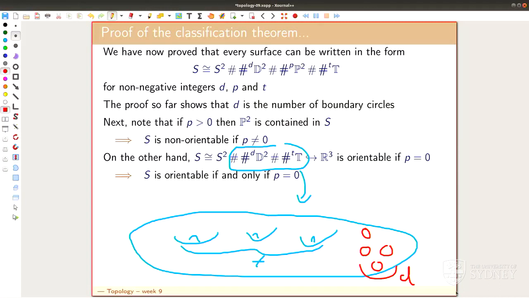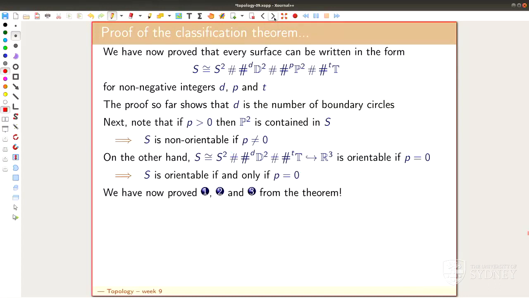Right? So if p is bigger than 0, there's a projective plane. So we find a Möbius strip. If it's exactly 0, I can just draw the picture, and there you go. It clearly lives in R3, so it's an orientable surface. Okay, that's it. It's not so bad, actually.